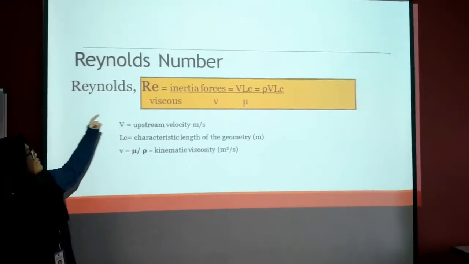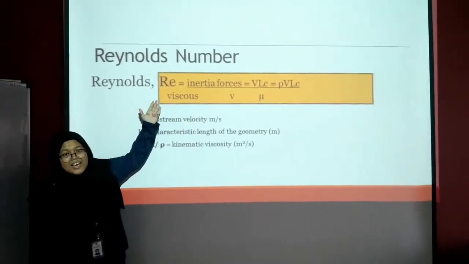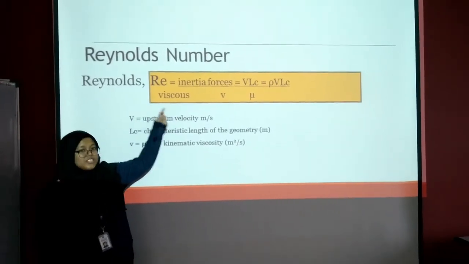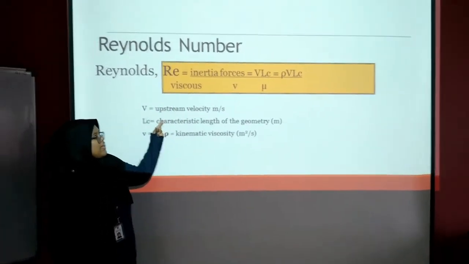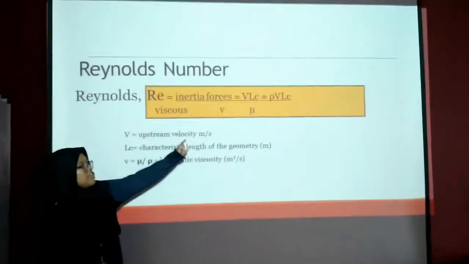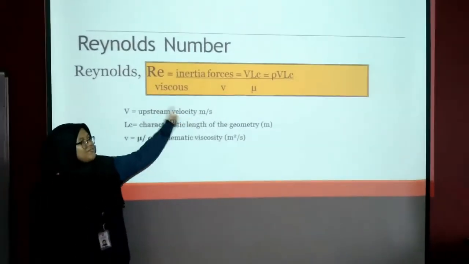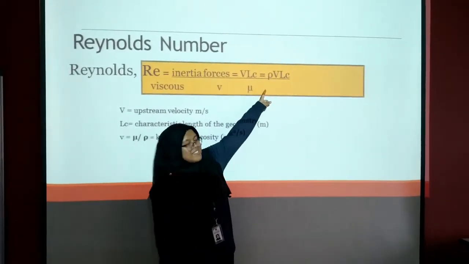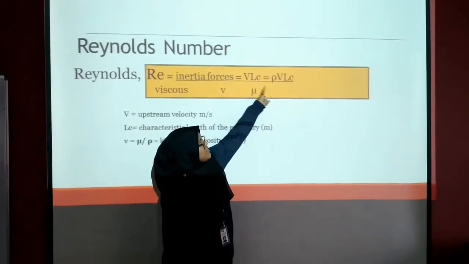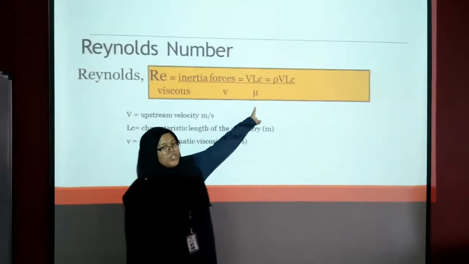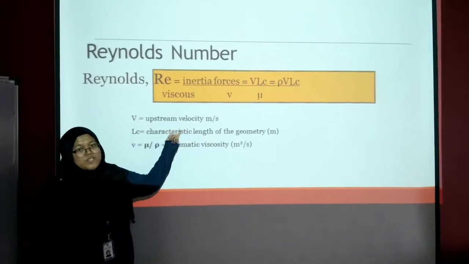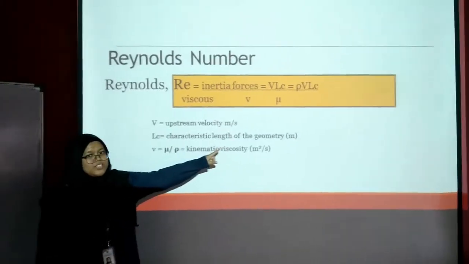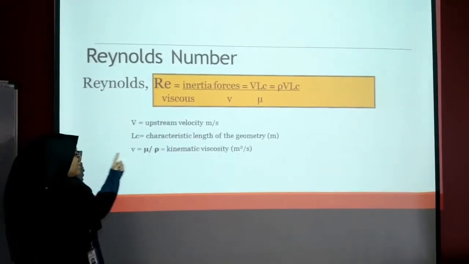This is the Reynolds number. The Re equation is Re equals inertial force over viscous force, and the formula is rho V Lc over mu, which also equals V Lc over nu. Okay, mu is the dynamic viscosity, and Lc is the characteristic length of the geometry in meters.